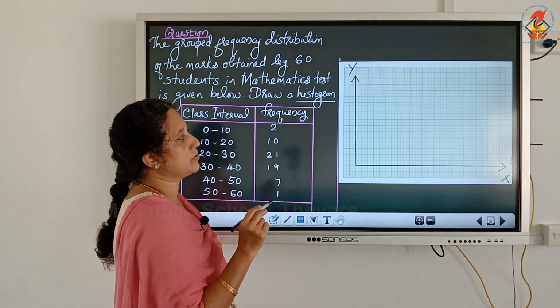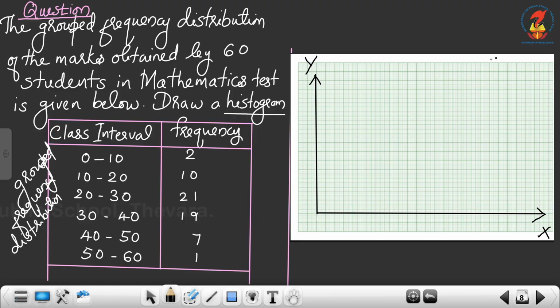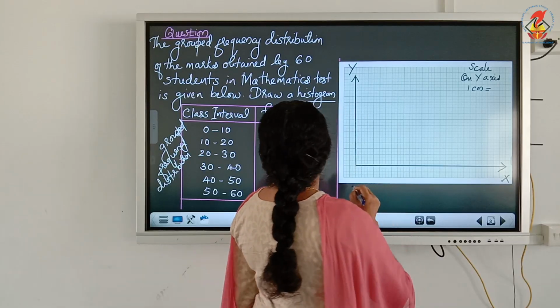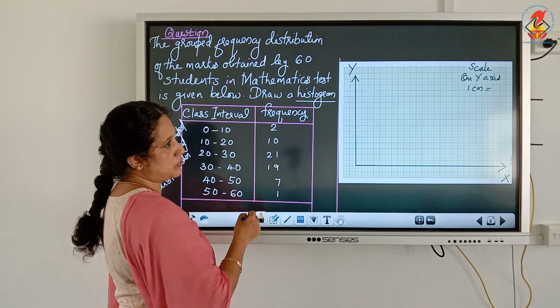So first of all you have to decide the scale. On the right hand side corner you have to write down the scale. So scale on y axis. This is the grouped frequency distribution of the marks obtained by 60 students.